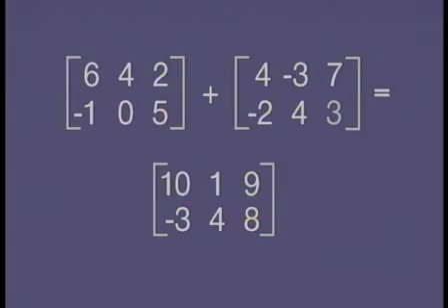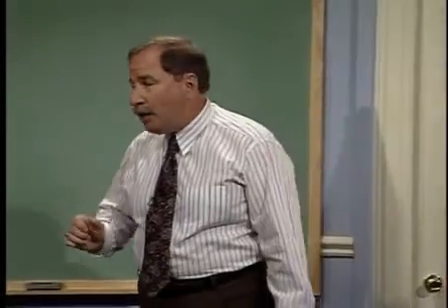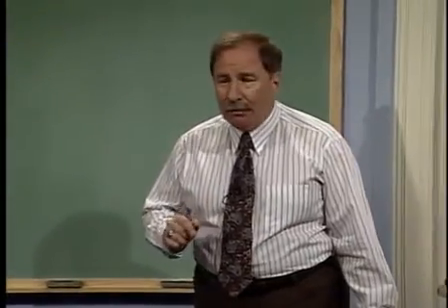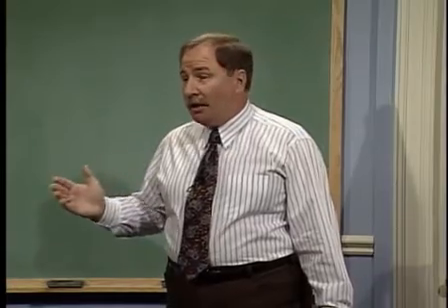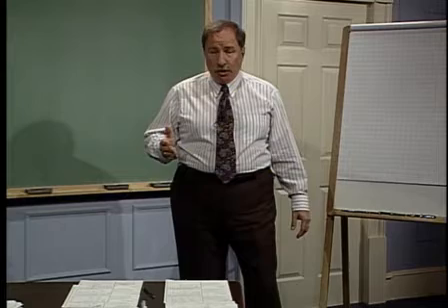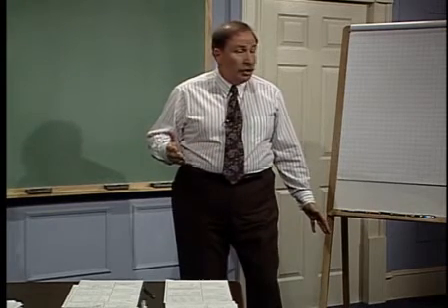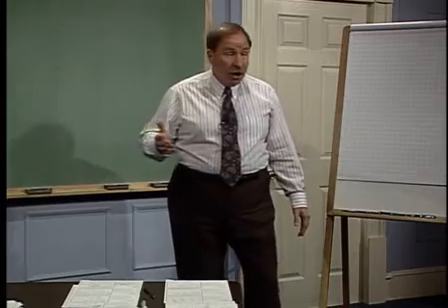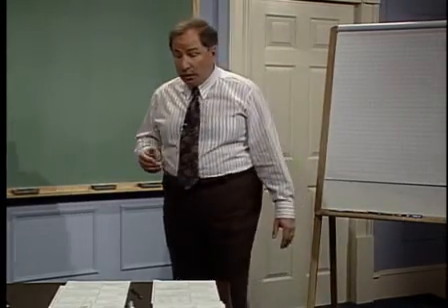So adding matrices is as simple as adding. But remember, you cannot add matrices if they don't have the same number of rows and columns. Obviously, it would be very difficult to add a matrix that had 3 rows to a matrix that has 2 rows. What would you add the third row to? And you can say you could add it to zeros. No, there are no zeros there because there's no third row in the second matrix.